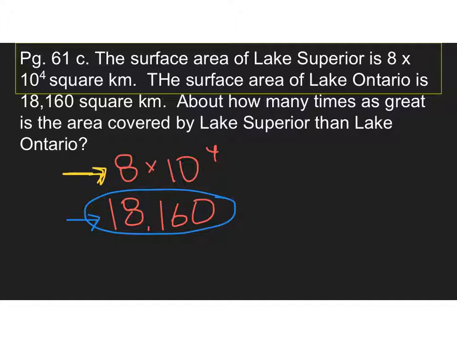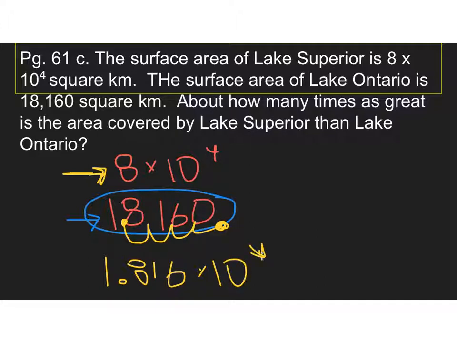So to do that, we know that this is a large number. It's greater than 1. So we're going to move our decimal point 1, 2, 3, 4 places to the left. And so we would write this as 1.816 times 10 to the 4th power. That's how we'd put that in scientific notation.